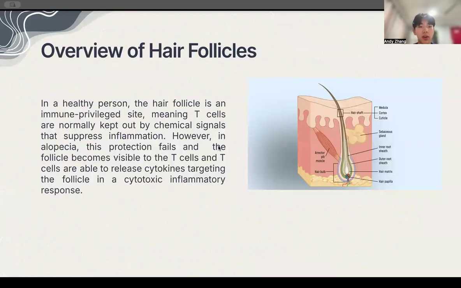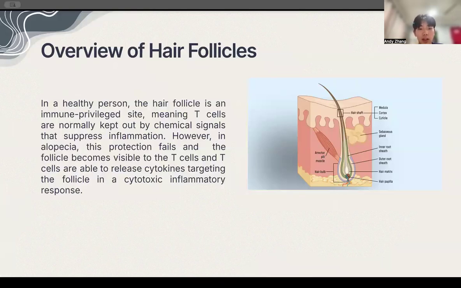All right, so moving on, I'm going to be going over a brief overview of hair follicles. In a healthy person, the hair follicle is an immune privileged site, which means that T cells are normally kept out of these cells by chemical signals that suppress inflammation.